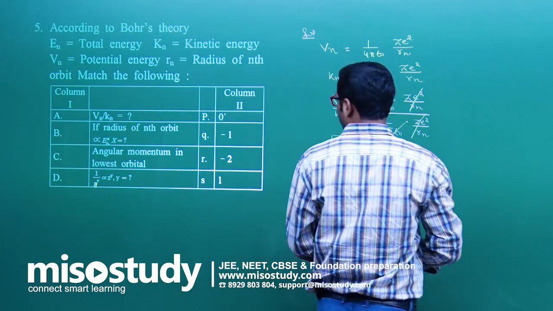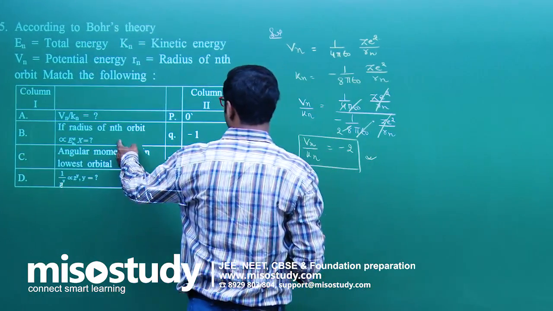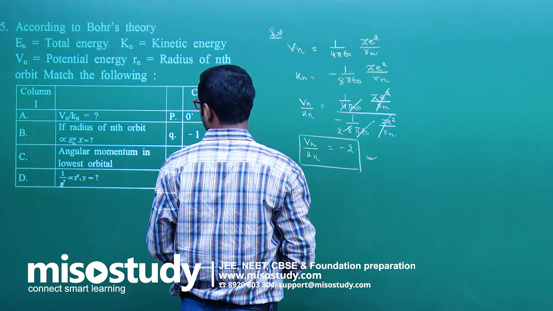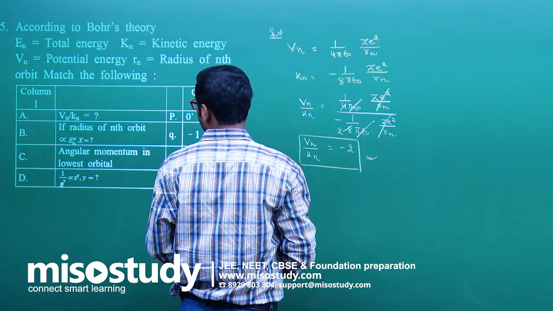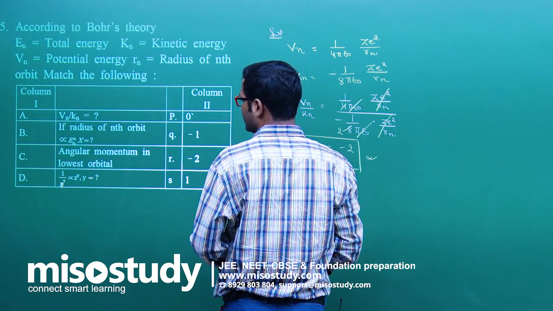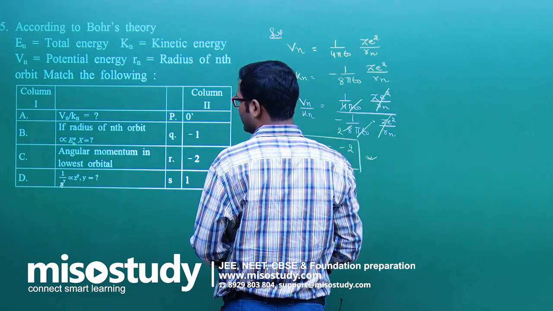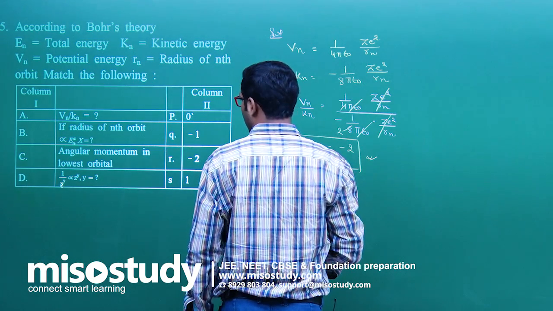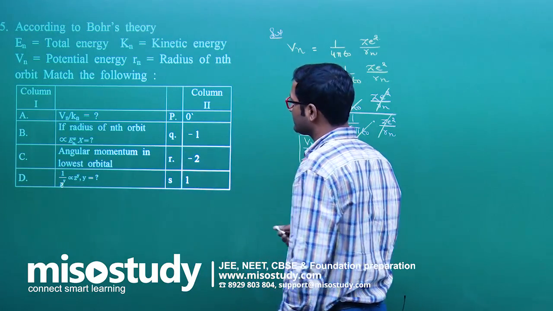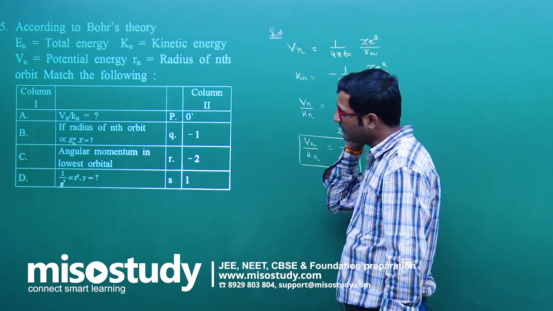Is it clear? Now the next one is, if the radius of the nth orbit Rn is directly proportional to n to the power x. This is slightly different. This is some difficulty in the topic.